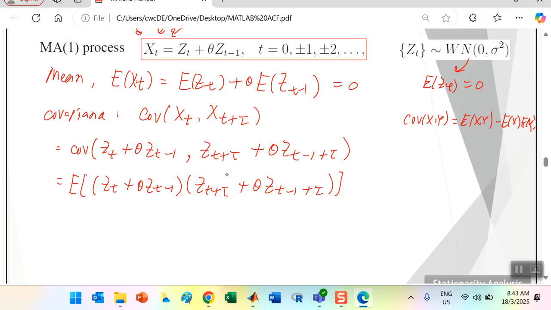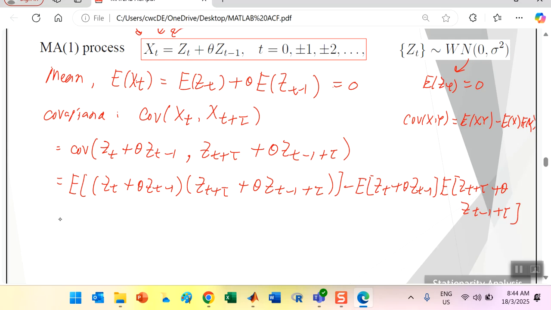Okay, so this is E of XY, minus the individual E of ZT plus theta ZT minus 1 multiplying the E of ZT plus tau plus theta ZT minus 1 plus tau. So this is the overall value.